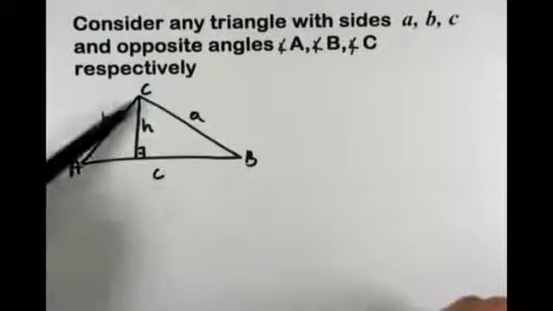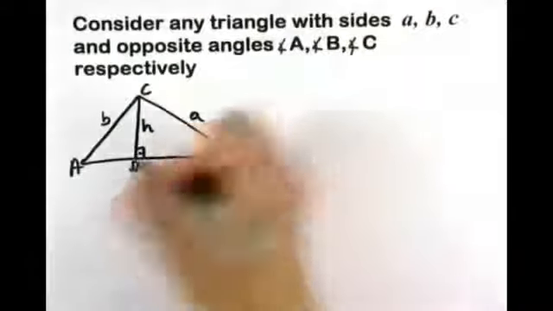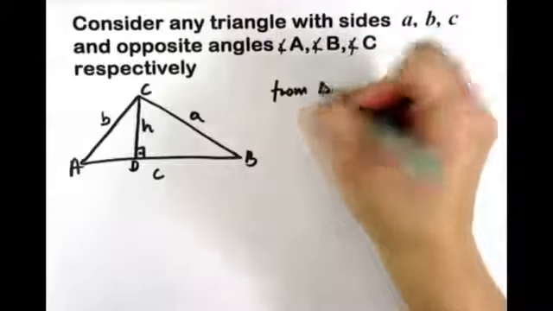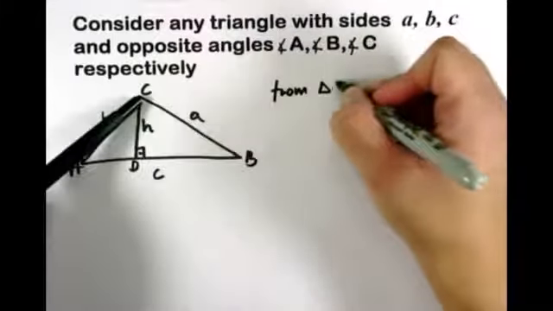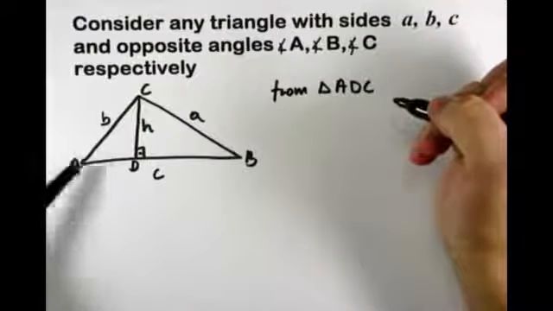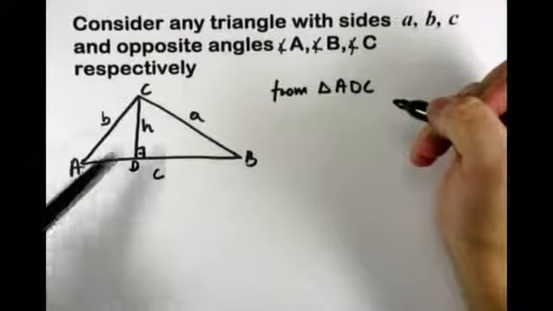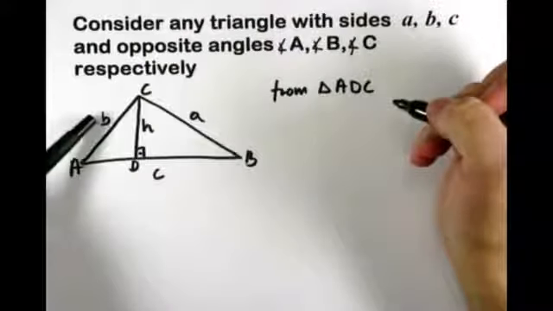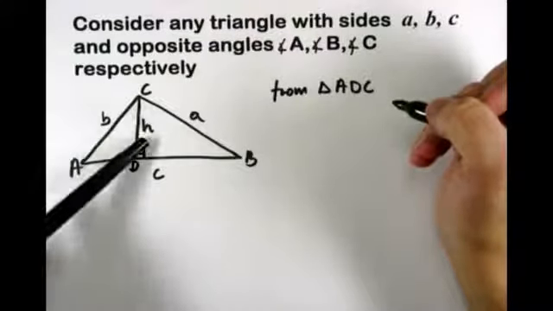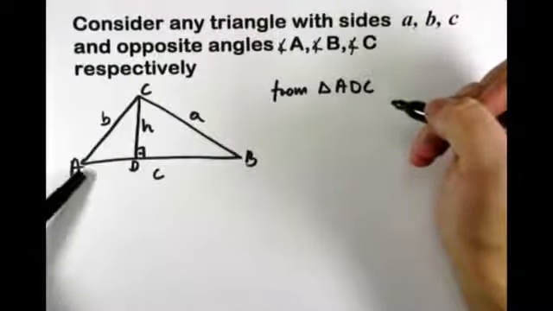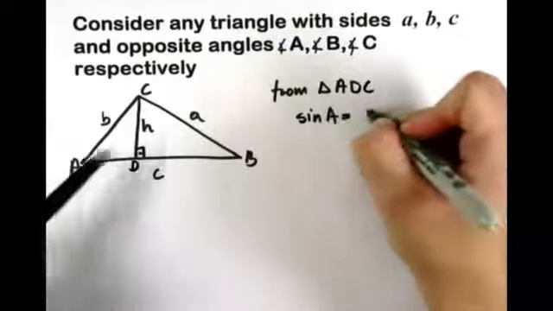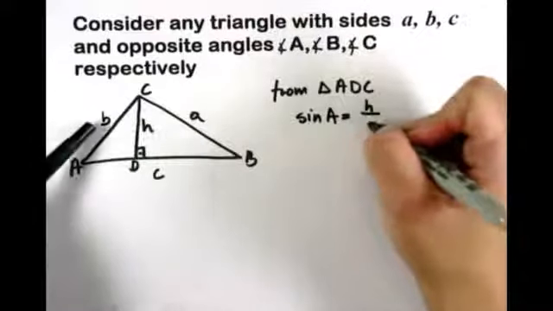I will call the foot of the height D. So from triangle ADC, I can solve for angle A. Regarding the angle A, I have the height is opposite over hypotenuse. Opposite over hypotenuse is my sine. So sine angle A is opposite h over hypotenuse b.